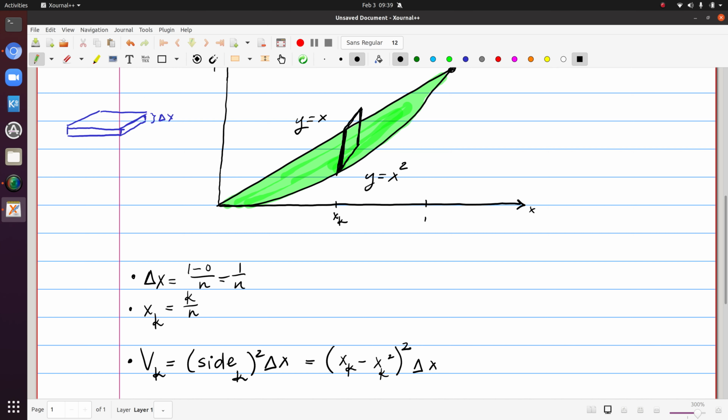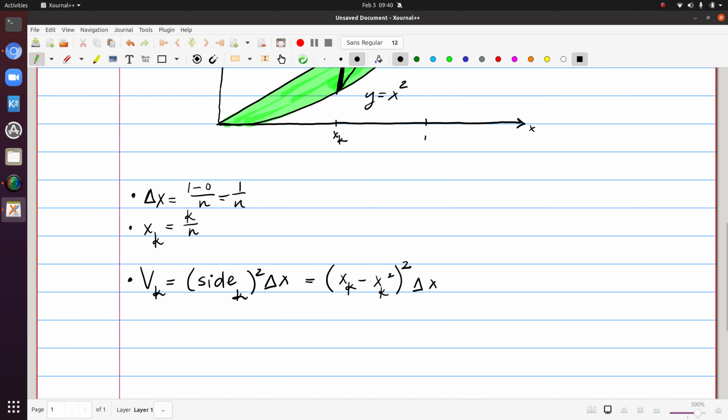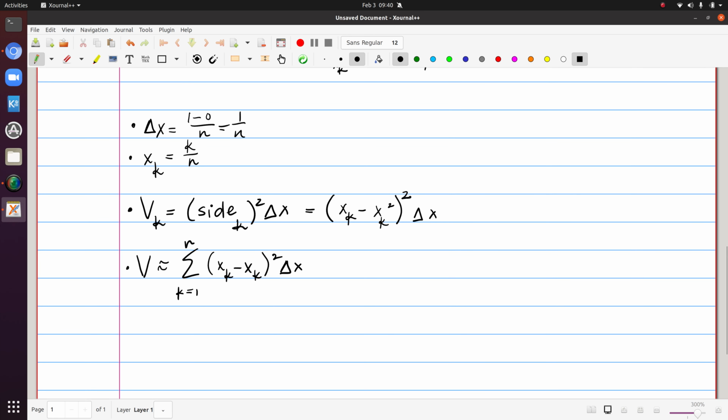So just like we've seen, if I want to estimate the volume of the entire solid, we can simply add the volume of our individual slices. And if I want to turn this into the exact volume, we simply take the limit as n goes to infinity.